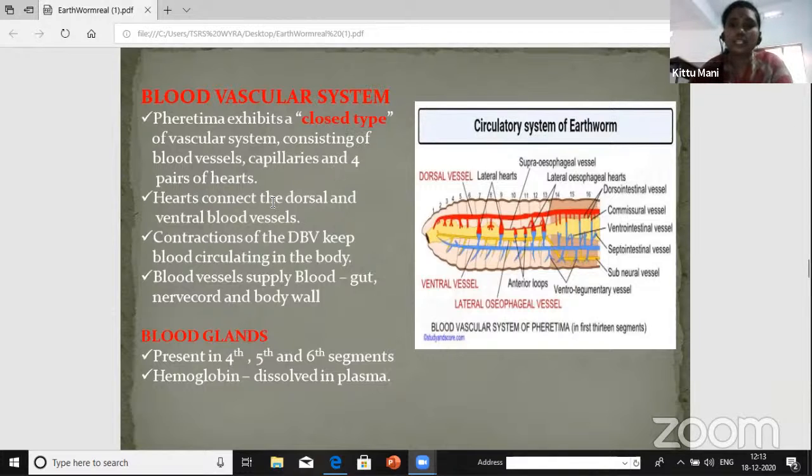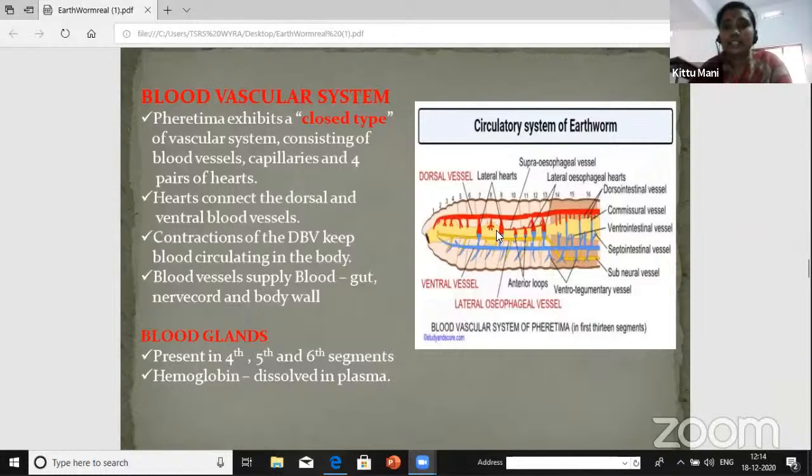How many pairs? All of you look into this picture. Here we will observe the 4 pairs of hearts, means 8 hearts. And also observe the blood vessels: the dorsal blood vessel and the ventral blood vessel.